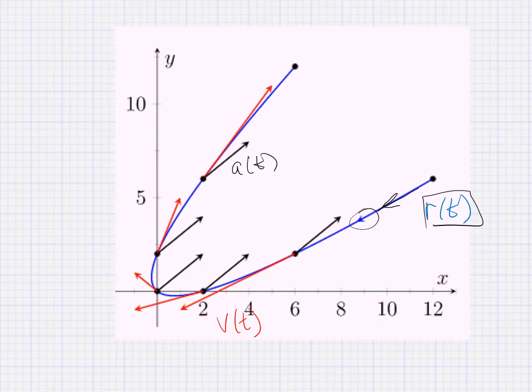Then what the red vectors represent are the velocity vectors at given positions. So if we are at this position right here, at that position right here, this red vector represents the velocity vector at that location, and this black vector represents the acceleration vector at that location.